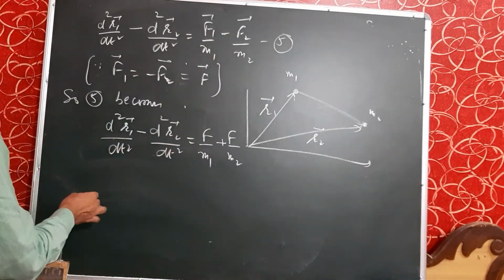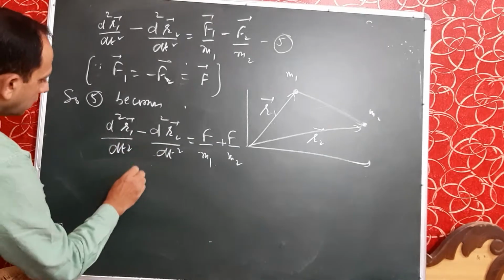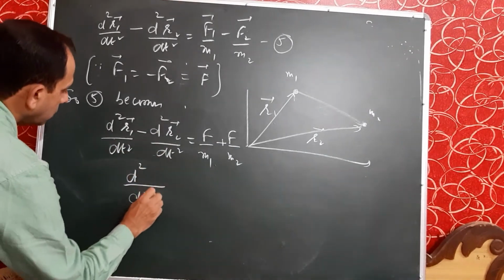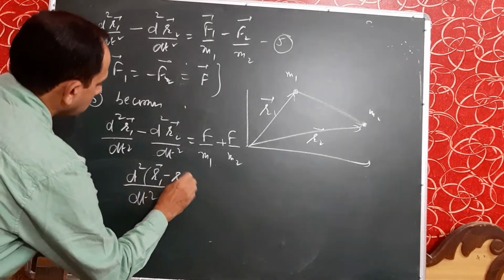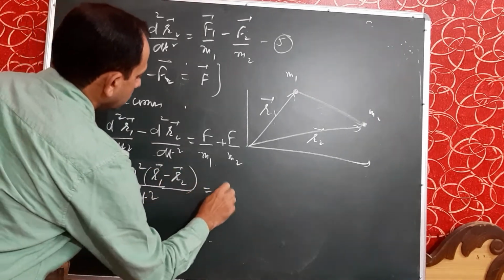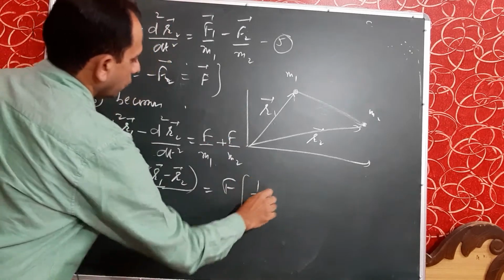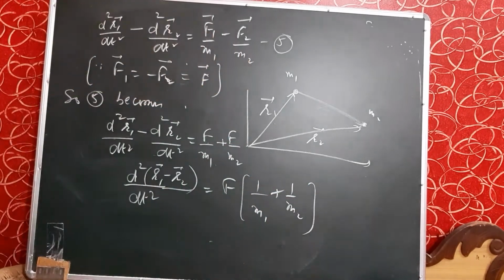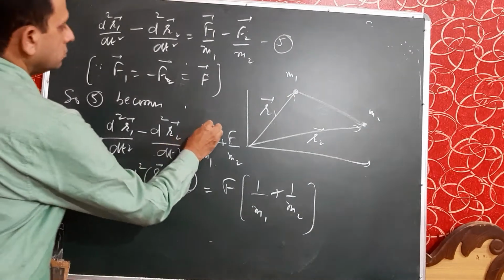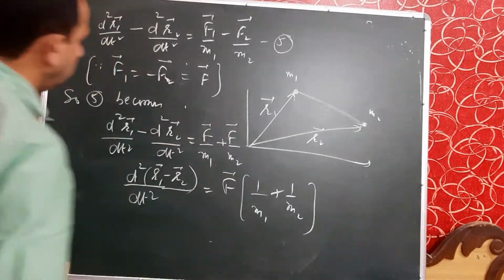Is it clear? Now taking d square upon dt square common, r1 minus r2 is equal to F common, into 1 upon m1 plus 1 upon m2. Is it clear?